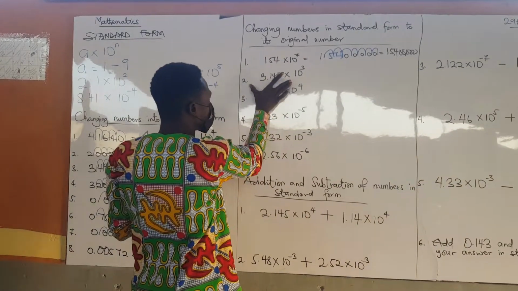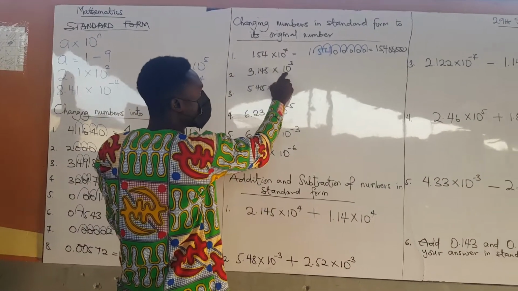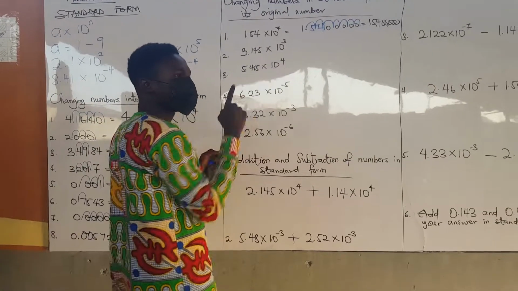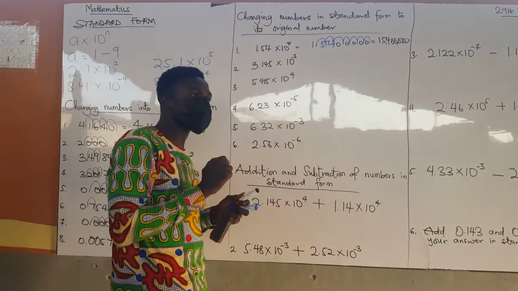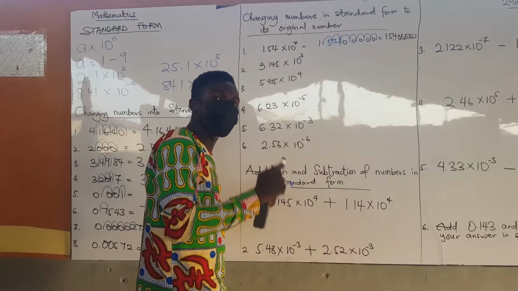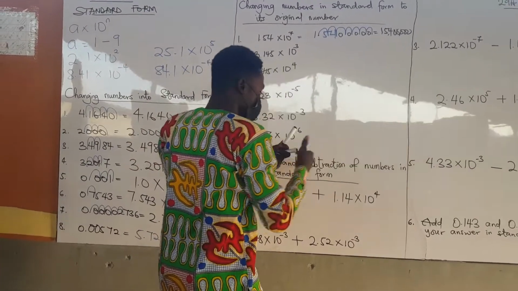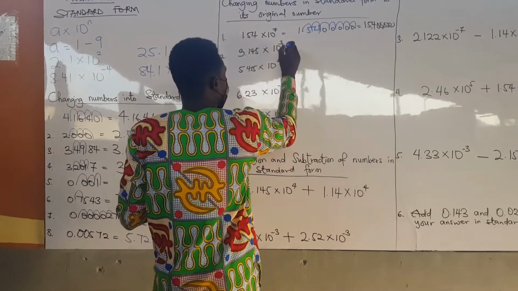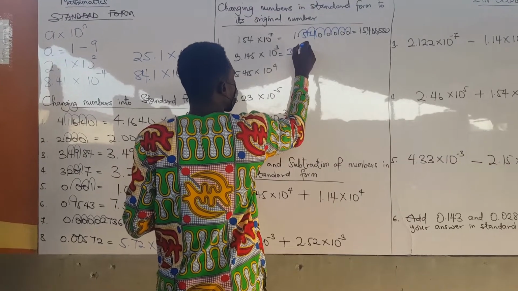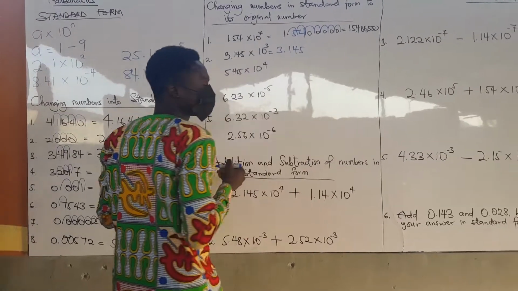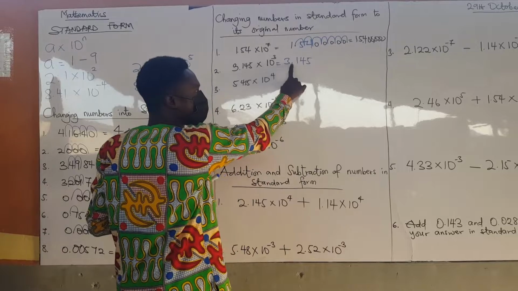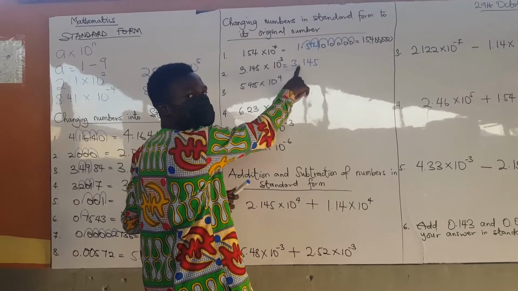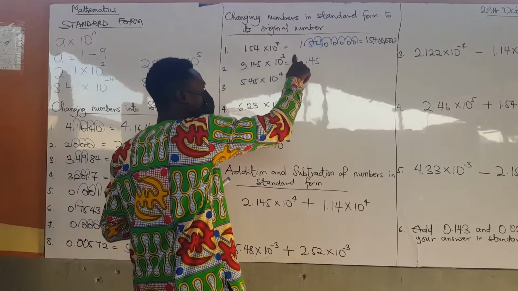So when you come to the number 2, the power of 10 here is positive 3. So because it is positive, I will move to my right. So what do I have here? I'm having 3.145. Locate the decimal point. The power of 10 is 3, which is positive. So I'll move to my right.